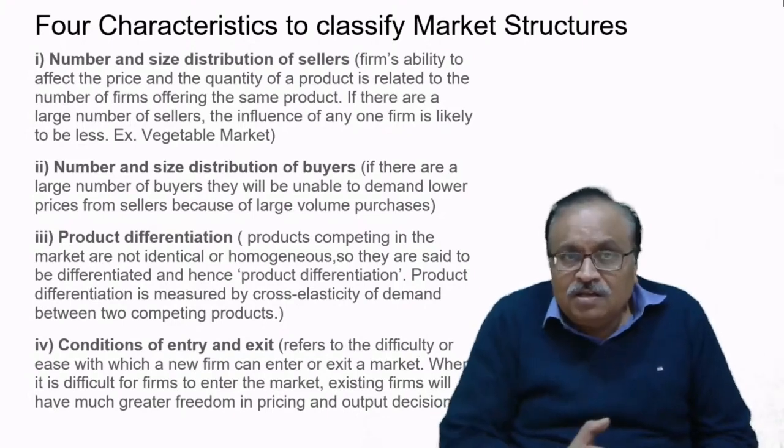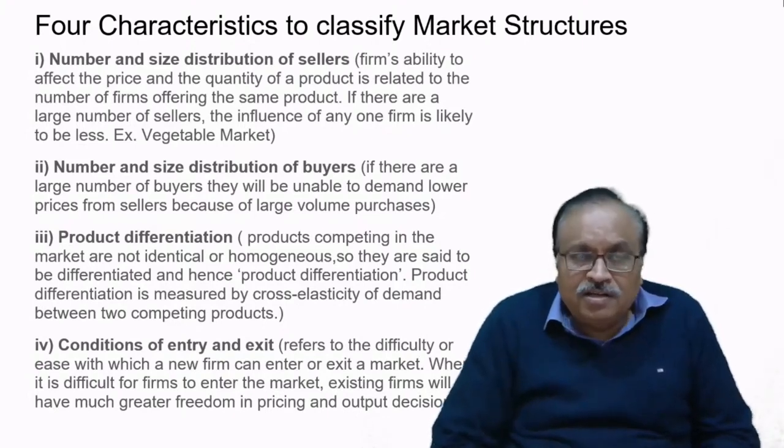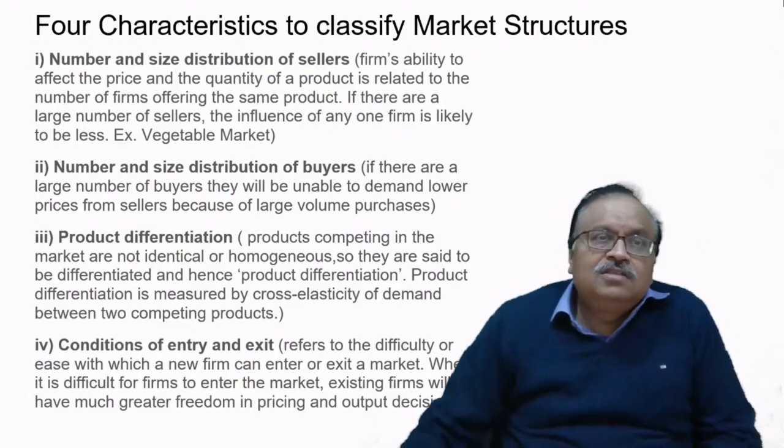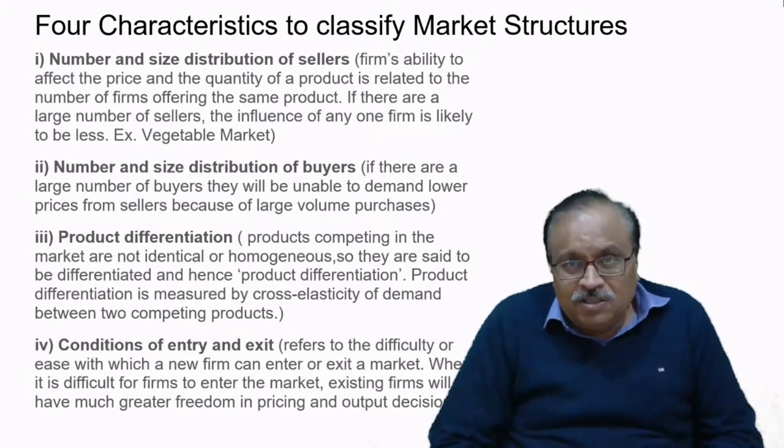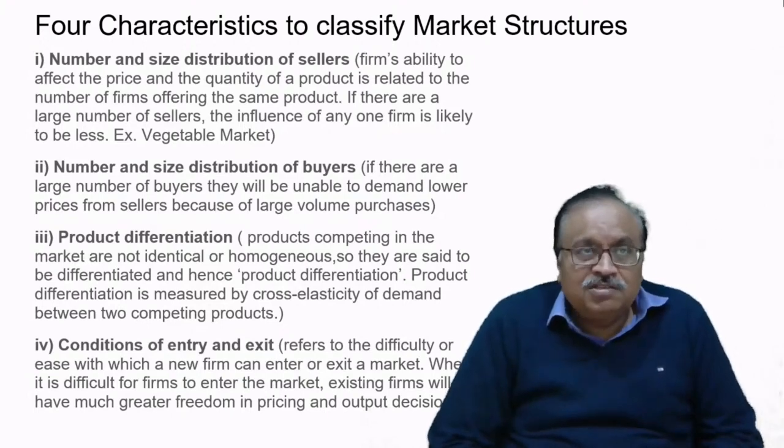If we find one or another characteristic, then we can say this is this type of market structure. So what are the four characteristics on which we have to classify the market structures?